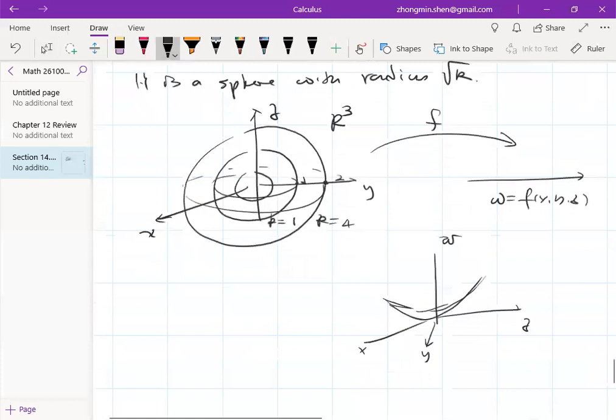Given 3-dimensional space, the graph will be in a 4-dimensional space. You cannot draw it. You can only imagine it.